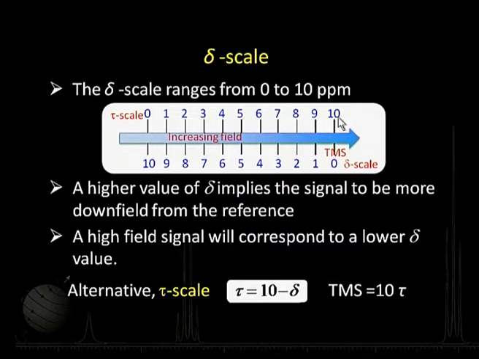A lower value on the tau scale is equivalent to low field, so there is a correspondence. Though the tau scale is more appropriate as it stands, it is not used that often. We still continue to use the delta scale because it has become customary and we are quite acquainted with it.